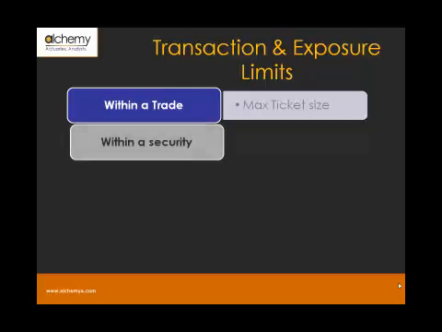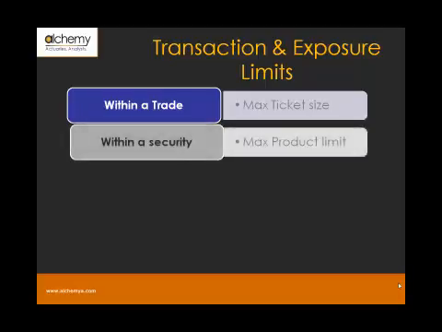Within a security, you can again see a max product limit. So while the ticket size would say, as a trader, I can only buy at the max $100 million worth of bonds in a given day and $500 million worth of bonds in total. So 100 million at the individual ticket level, 500 million total day activity level.